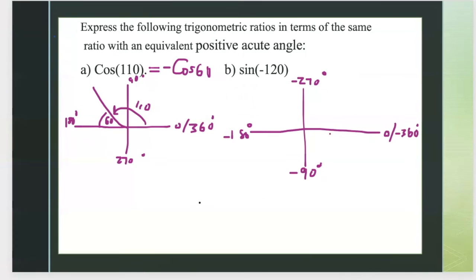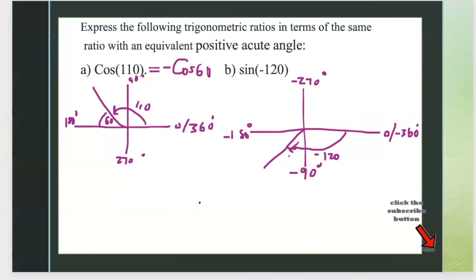So drawing my terminal ray in this region. Now, after doing this, the reference angle is between the terminal ray and the x-axis. So in order to find the reference angle, forget about the signs. Let's think about what my acute angle is, which should be positive.